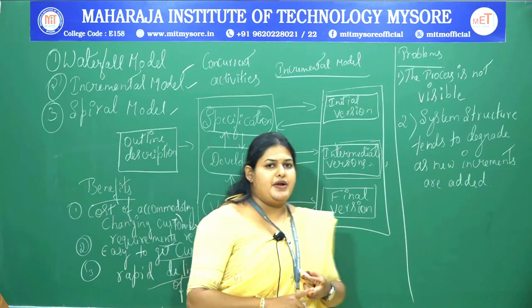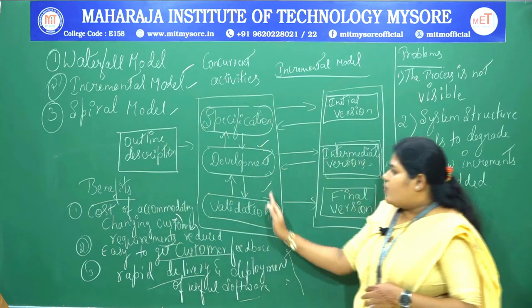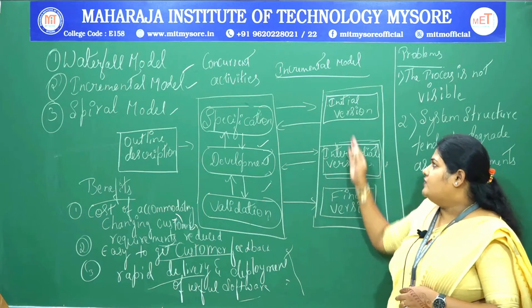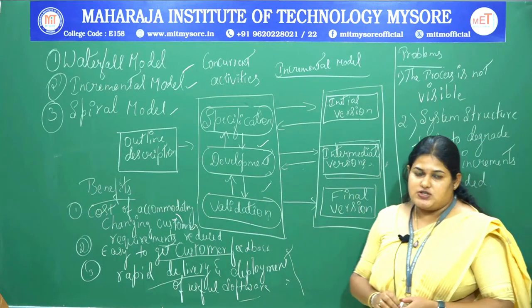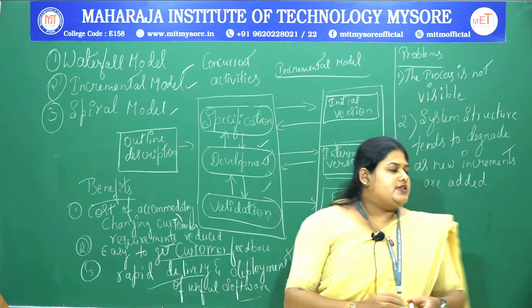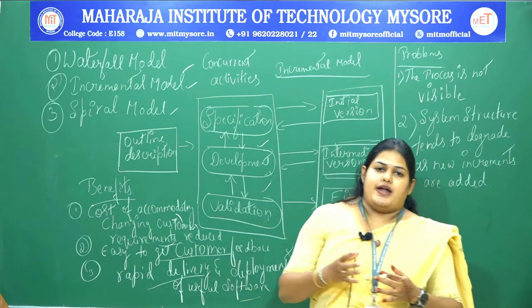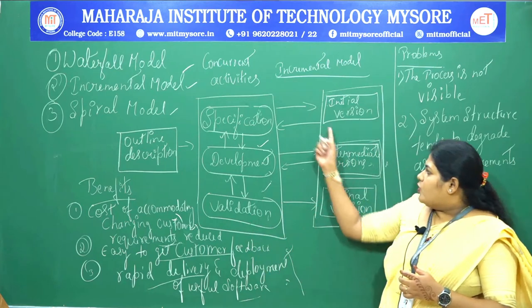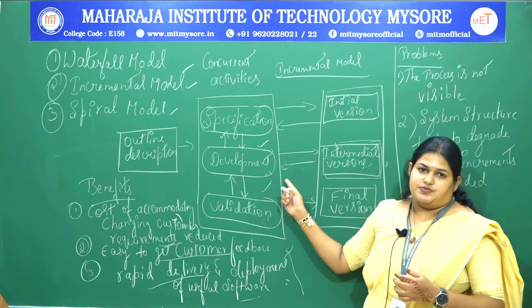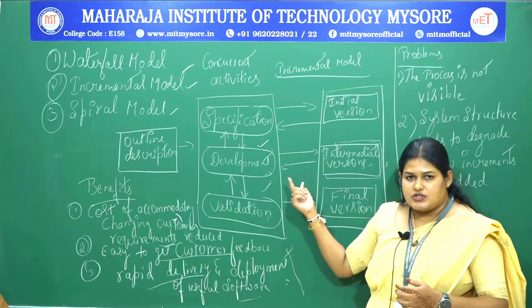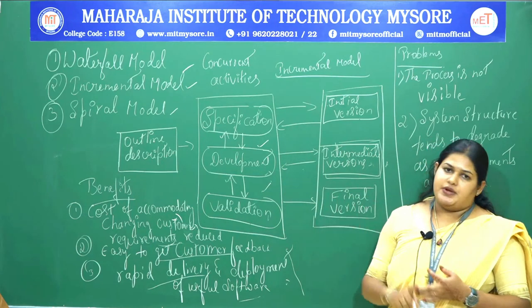But in this incremental model, as this is the model specification where we are going through the different versions, what happens? It does not deal with the visibility of the process, what actually is going on, and as we say that the documentation can be changed either in the initial version or in the intermediate version.